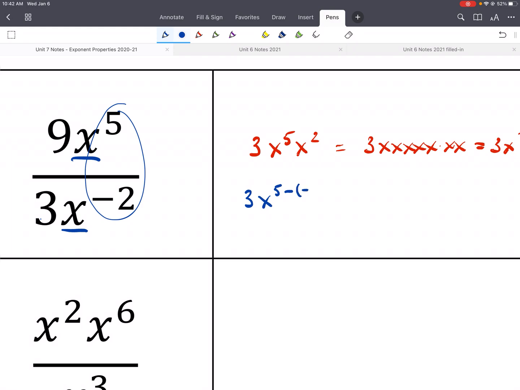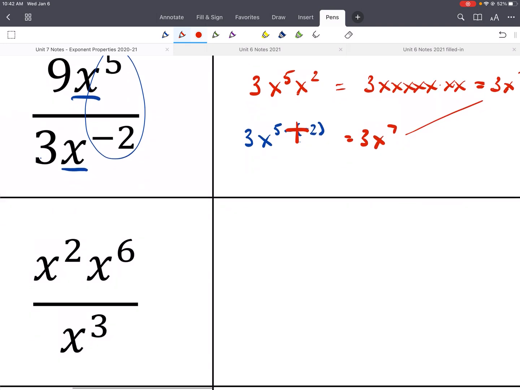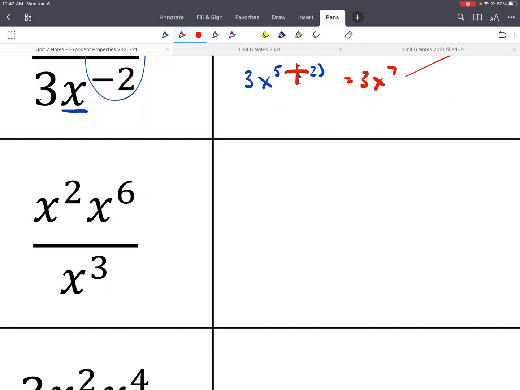But we're subtracting a negative 2, so that would give us a positive, if that makes sense. So the negative and the negative will give us a positive. So we'll get 3x to the 7th, which is the same. Okay? Again, you choose which way you want to do it, it's fine.